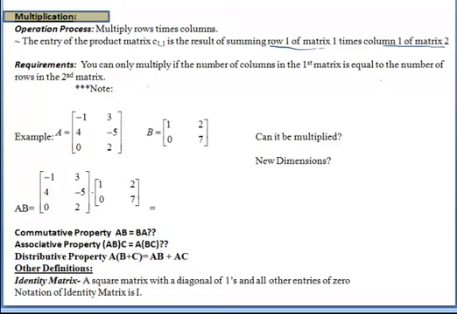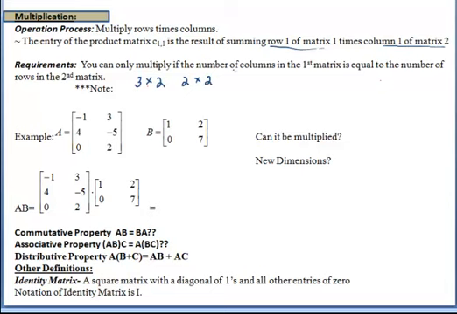So you can only multiply if the number of columns in matrix 1 is equal to the number of rows in matrix 2. Note our example down below. What we have is a 3 by 2, right? Because 3 rows times 2 columns. And then this matrix B, we have a 2 by 2. So are we going to be able to multiply these?